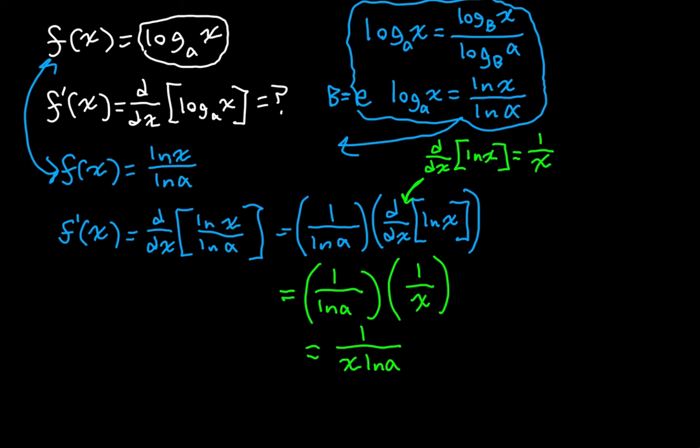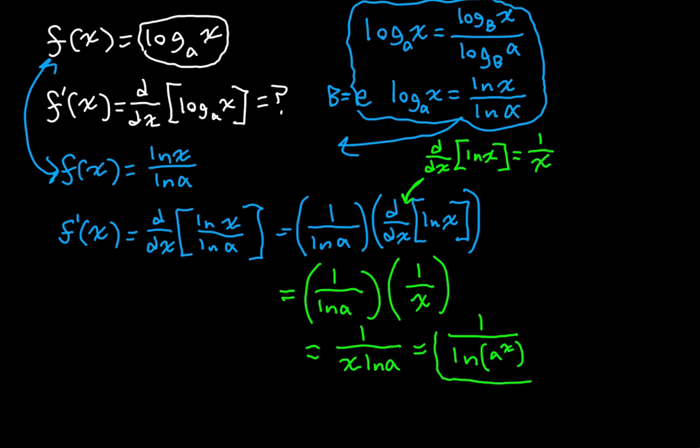And I'm going to put x there because there's another thing we can do here. We can say that this is 1 over the natural log of a to the x power. That's another log property, but it's not important. 1 over natural log of a times x, or 1 over natural log of a to the x, it's not of huge importance.